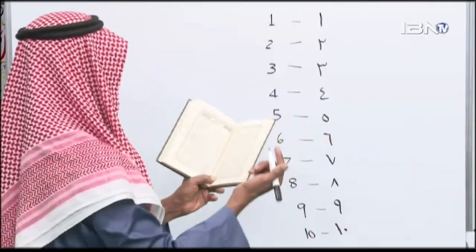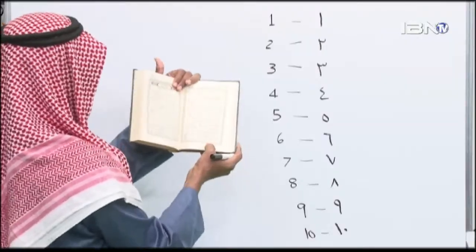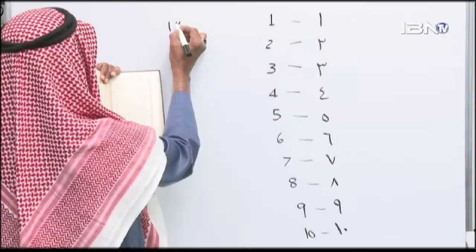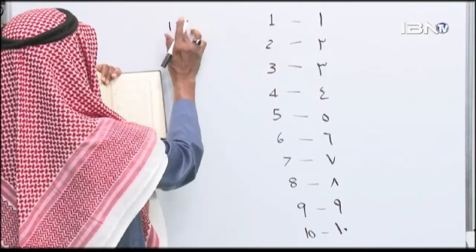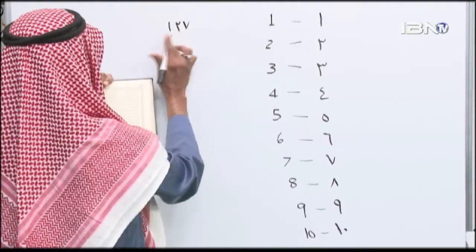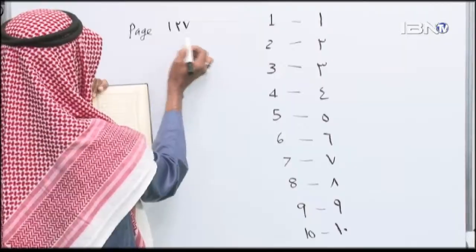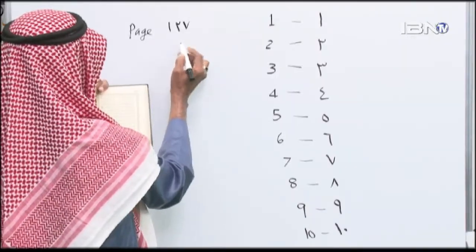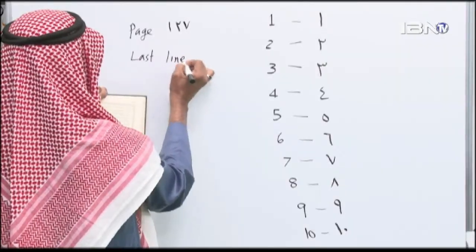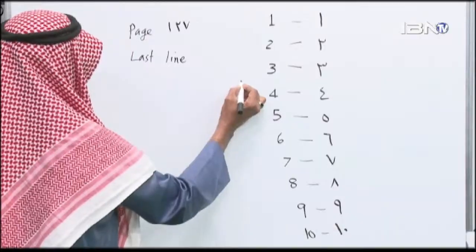So let's say we're taking the last line of page 127, all right? Last line. What does it say? It goes like this.